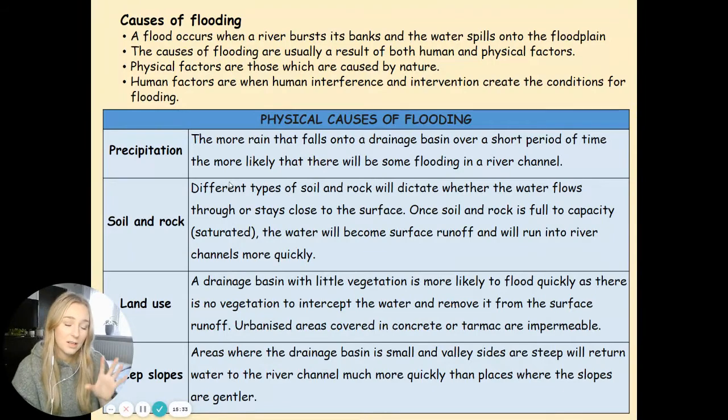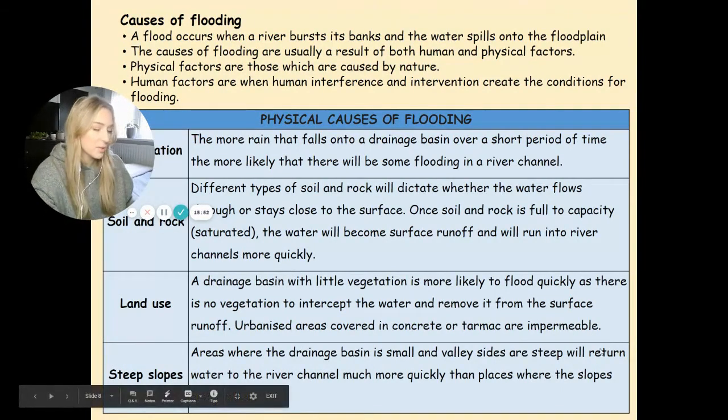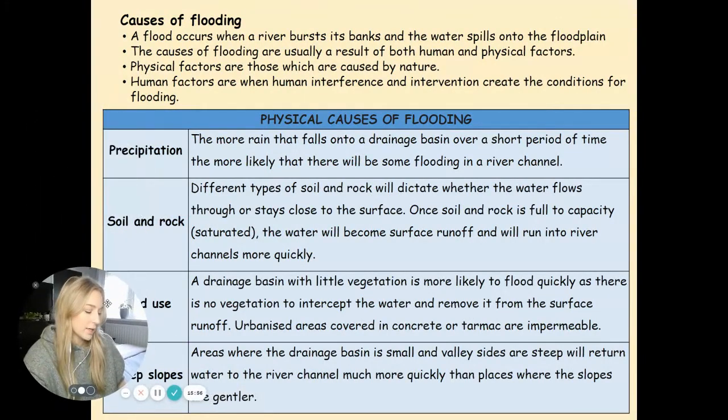Now, the good part of this is the fact that I have put it into a full sentence, a full paragraph of an answer. So this is exactly what you would write if you were asked about a physical cause of flooding and you chose precipitation or land use. This is what you could write. So you can pause me here and you can fill in the missing words for this particular slide.